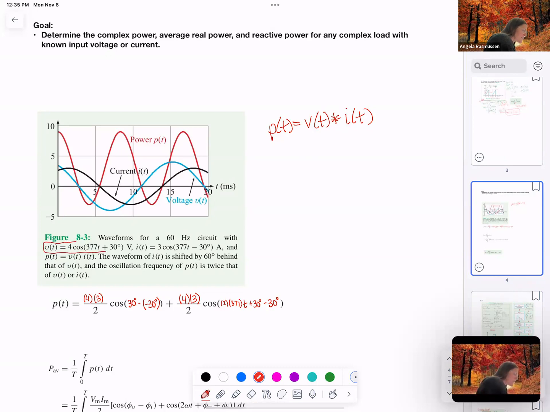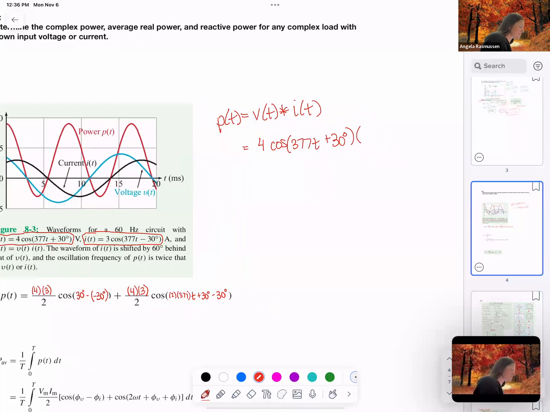V of t is this, and I of t is this. So when we multiply them, we're going to have 4 cosine 377t plus 30 degrees times 3 cosine 377t minus 30 degrees.